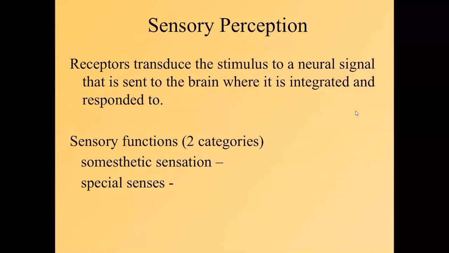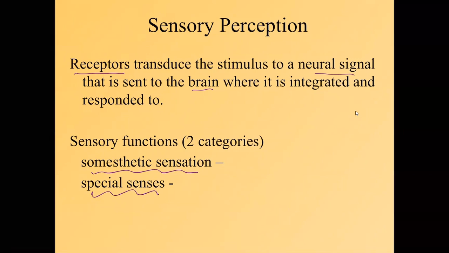Okay, now sensory perception. We'll talk about senses in a couple chapters, but the idea is that receptors in our body take whatever the stimulus is, make it a neural signal, and send it to the brain, where the brain figures out what we're going to do next. Sensory functions we divide into two big categories: somaesthetic sensation and the special senses.